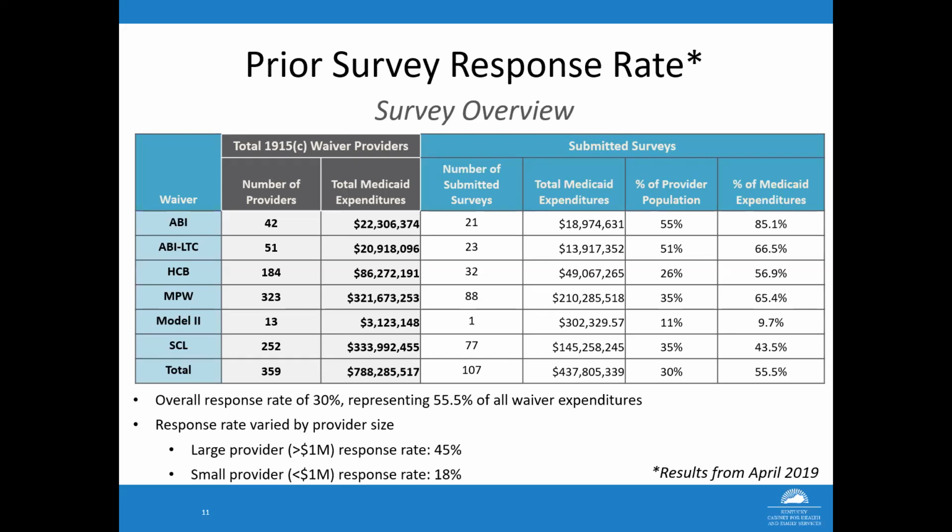And so these are the results of submissions from that survey release, where we got an overall response rate of 30% that represented 55% of all waiver expenditures. So we really had half of the waiver expenditures submitting a survey, and we feel pretty good about these results. As you can see, we had a more significant response rate from larger providers compared to smaller providers.